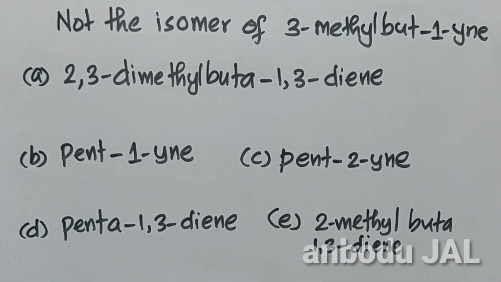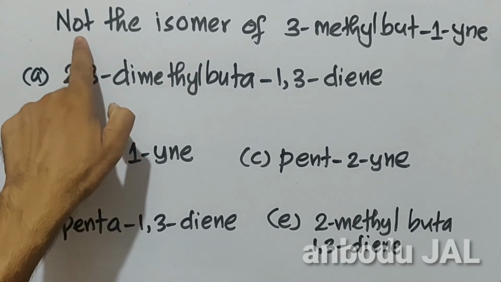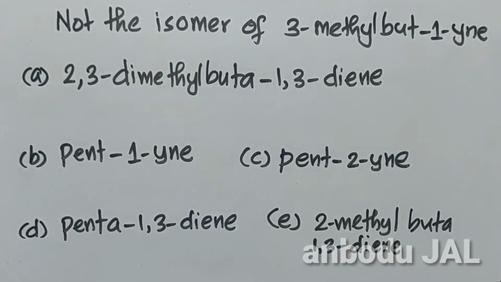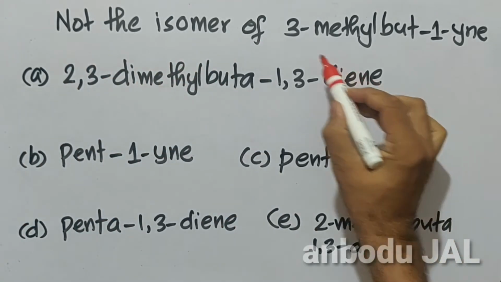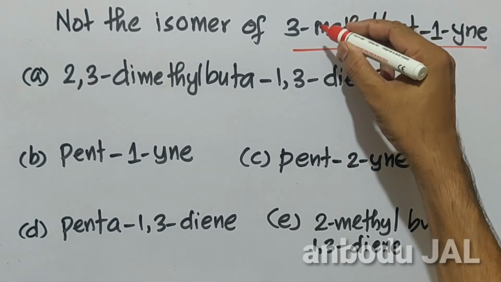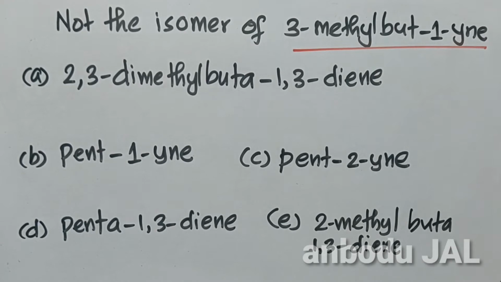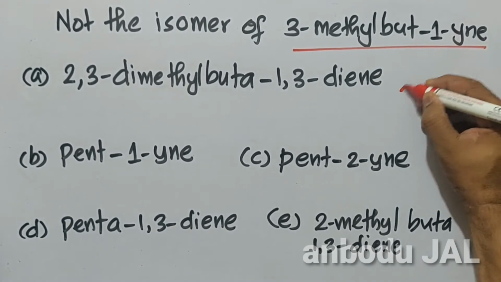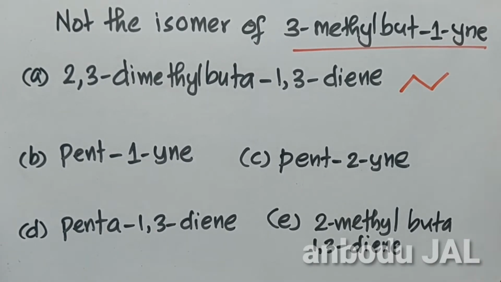In this question, we have to find out a compound which is not an isomer of 3-methyl-but-1-yne. Firstly, we can draw the formula of 3-methyl-but-1-yne. 1, 2, 3, 4, 3-methyl, triple bond is present here.